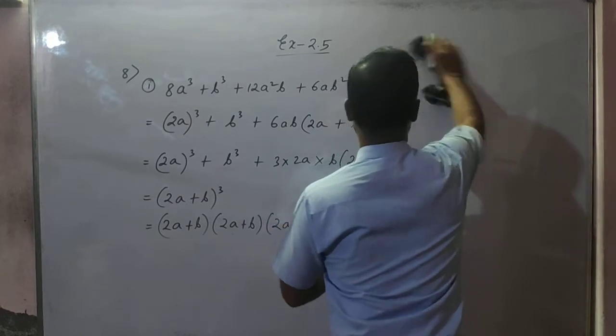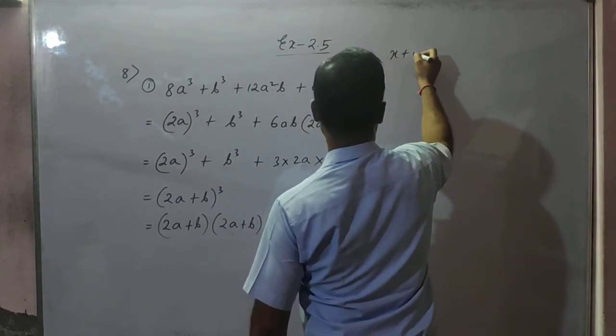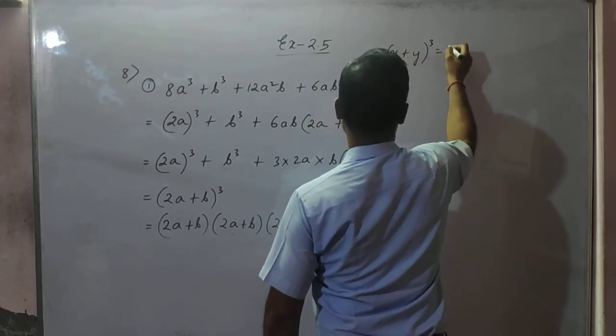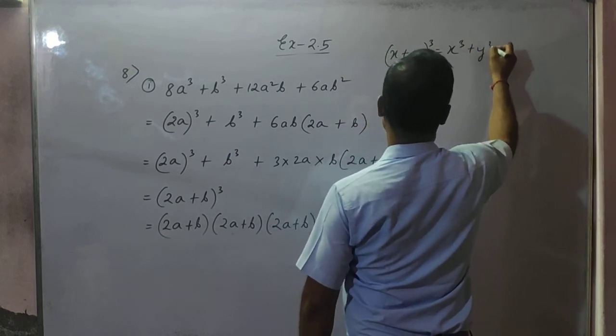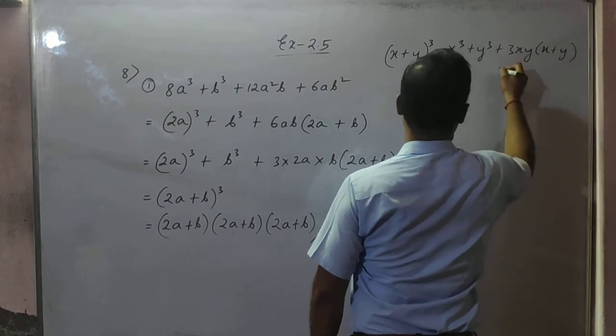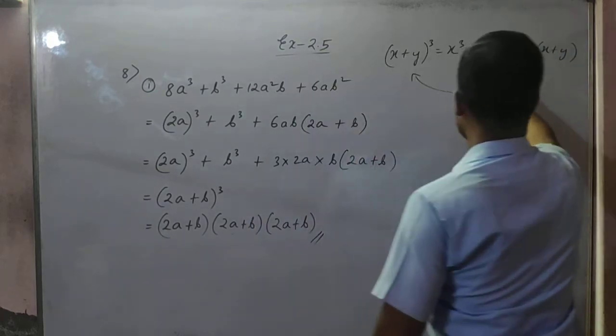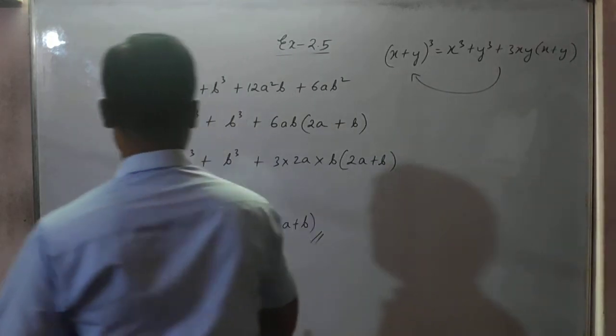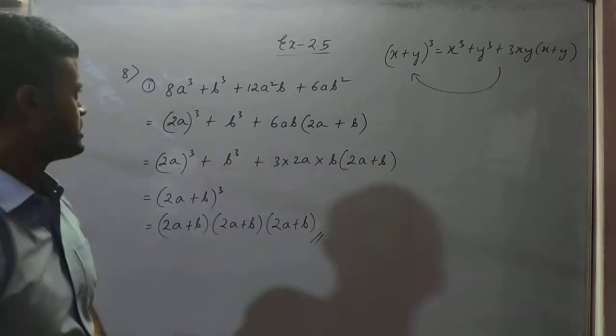I have written everything in x plus y. So x plus y whole cube is equal to x cube plus y cube plus 3xy into x plus y. From this form to this form we are going. Very easy. Just you see once.